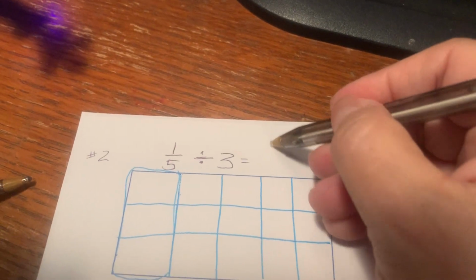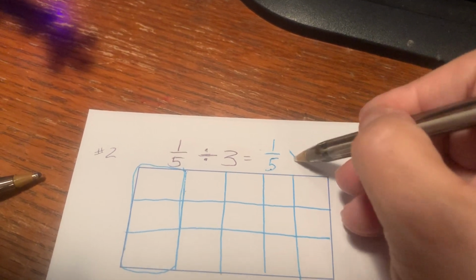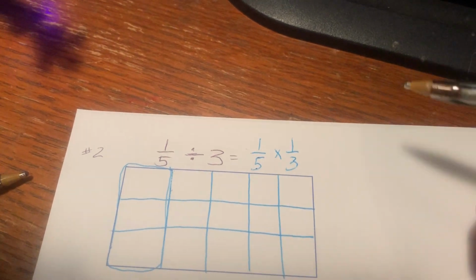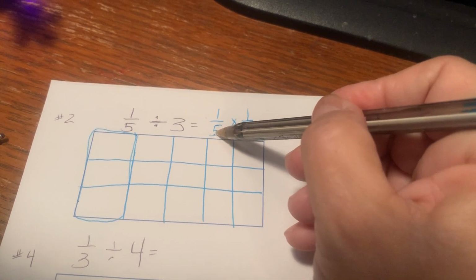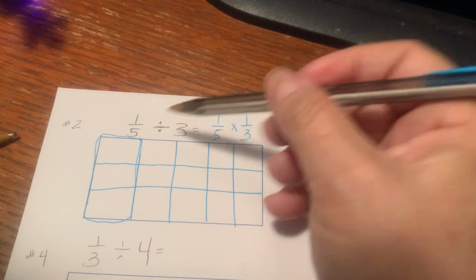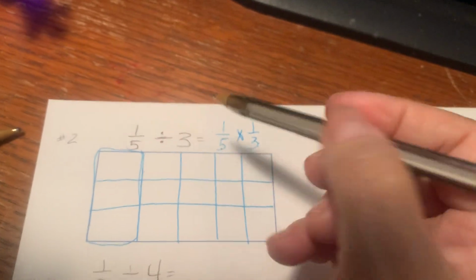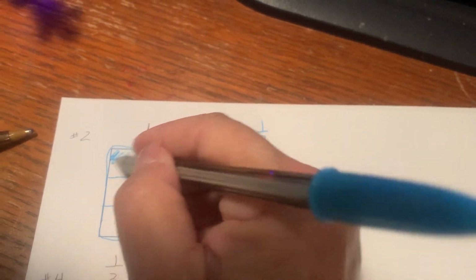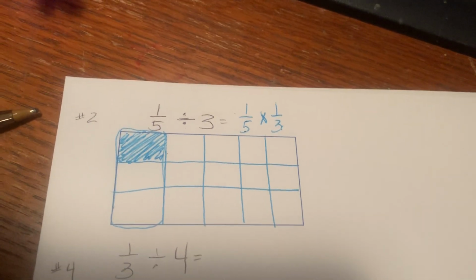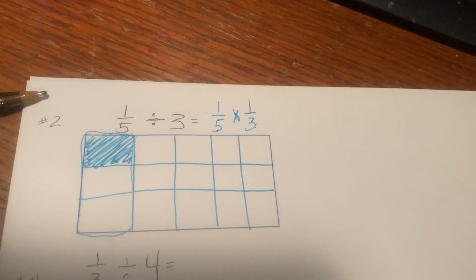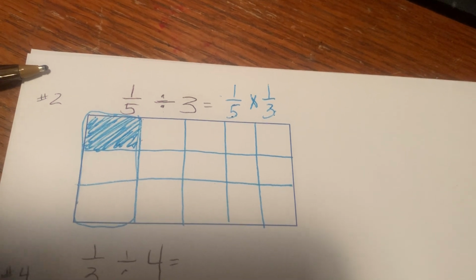And remember, I'm finding 1/3 of 1/5. And I can switch it around because of the commutative property. And I'm finding 1/3 of 1/5, which is the same as 1/3 times 1/5. So here's my 1/5, and there's 3 pieces, but I'm only talking about one of those pieces, 1/3 of that 1/5. And so we look at the entire whole now, and we think, what's the name of that one piece?